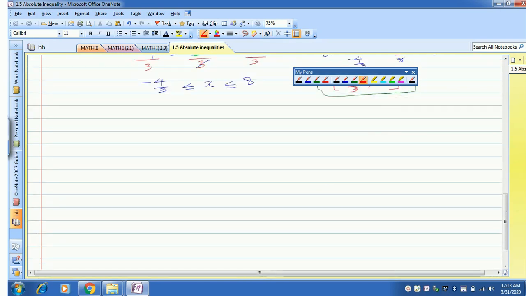Here we have: solve absolute value of x minus 4 greater than 0. And here, solve absolute value of x minus 4 greater than or equal to 0. And here, solve absolute value of x minus 4 less than 0.